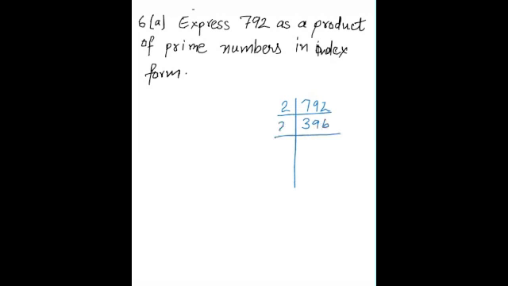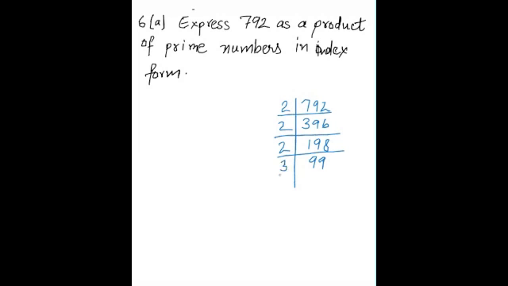We can use another 2, so the remainder will be 198. We can use another 2, then the remainder will be 99. Now we need to change the prime number, and the next prime number on the line is 3.